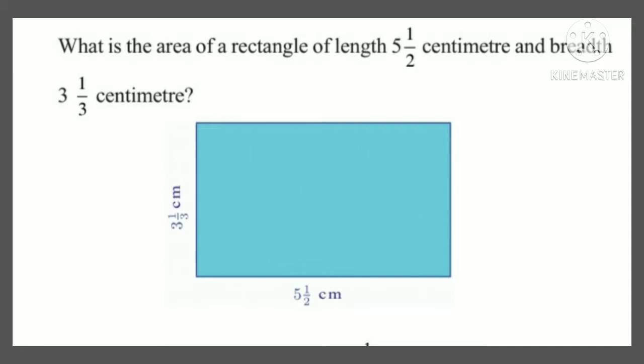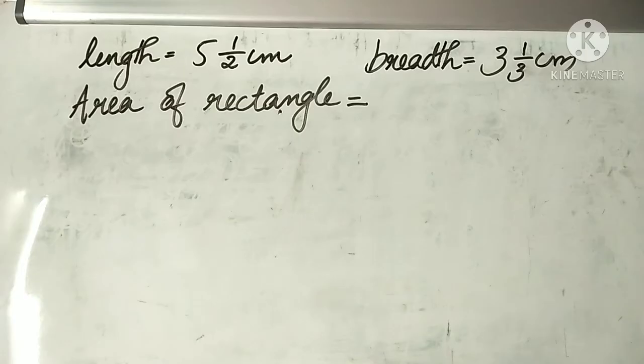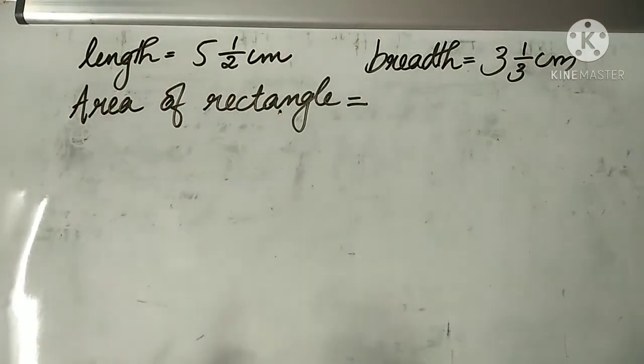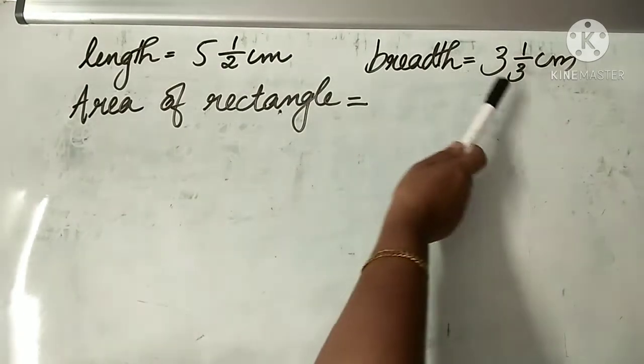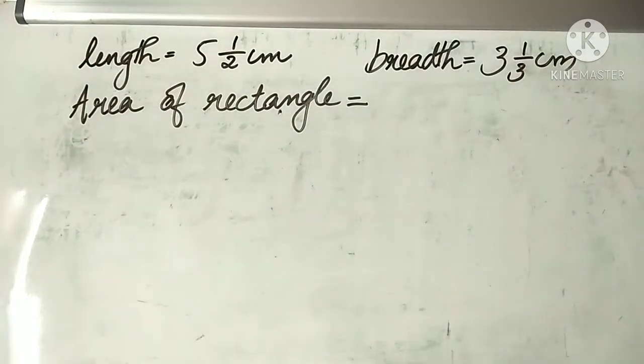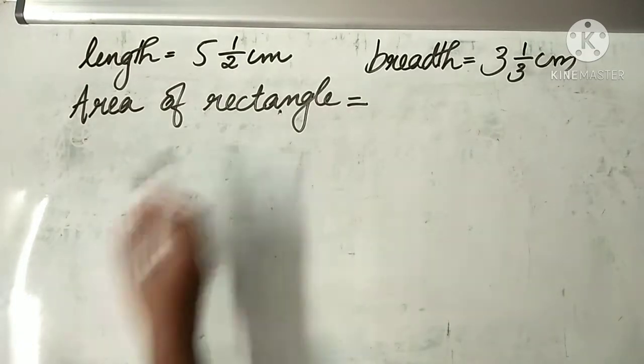We know that area of the rectangle is the product of length and breadth. Even if they are fractions also, it is same. Let's see. In the question, it is given that length is equal to 5 1/2 centimeter and breadth is equal to 3 1/3 centimeter. We have to find area of the rectangle.